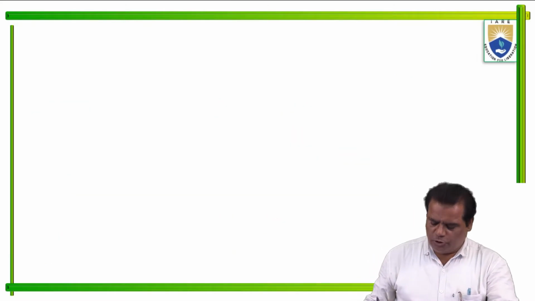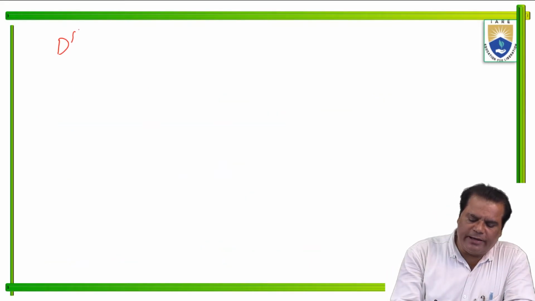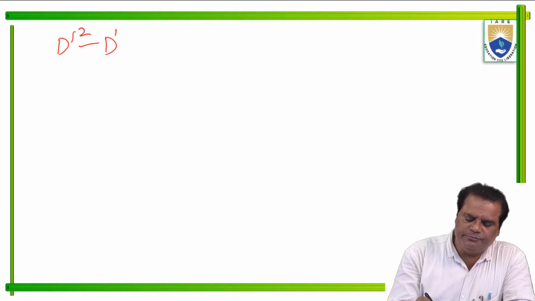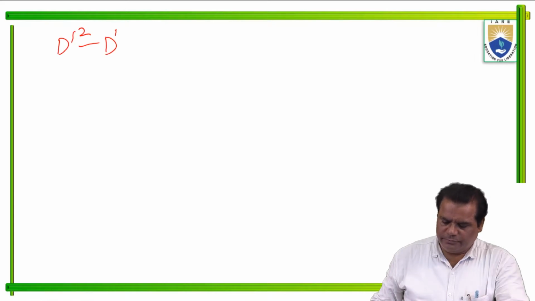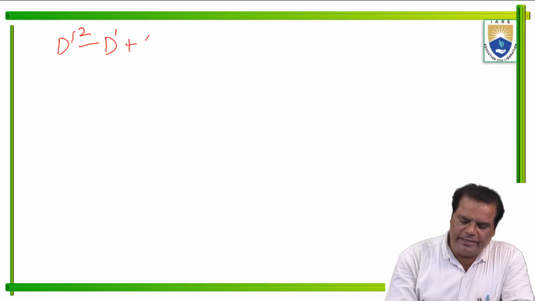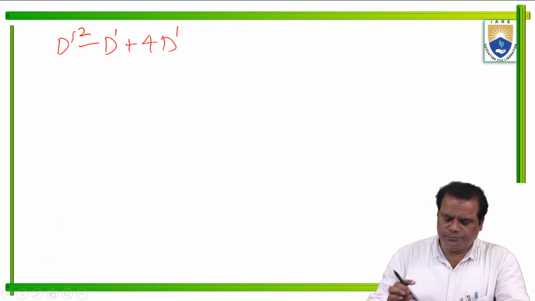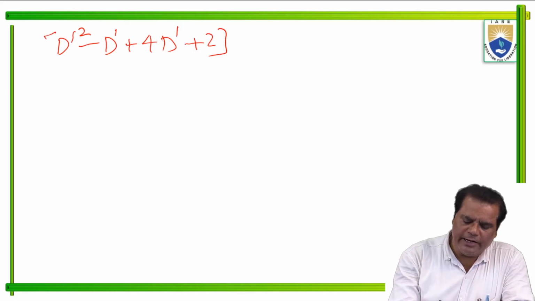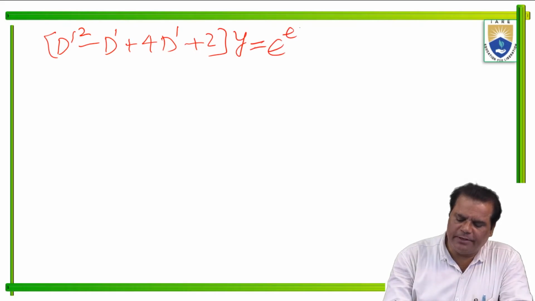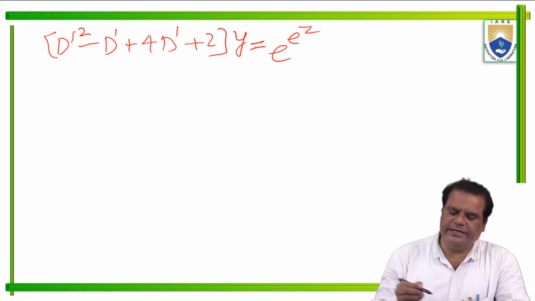Now next, solving: D' square minus D' y, plus 4D' plus 2, and this y equals e to the power z.